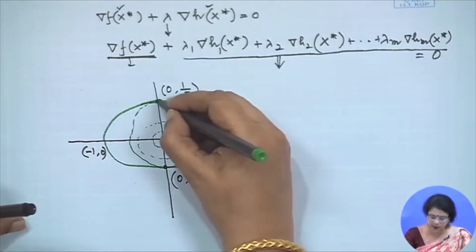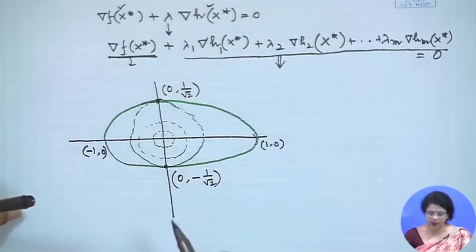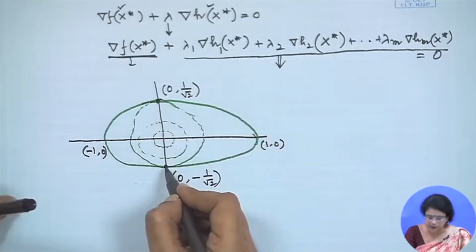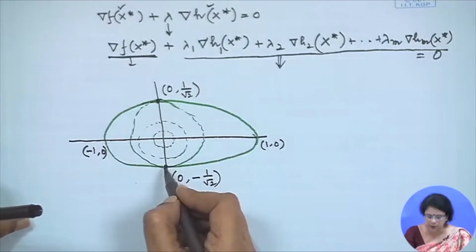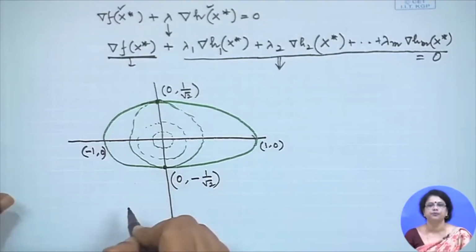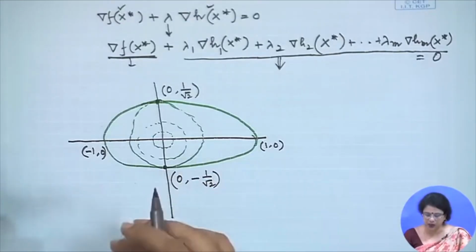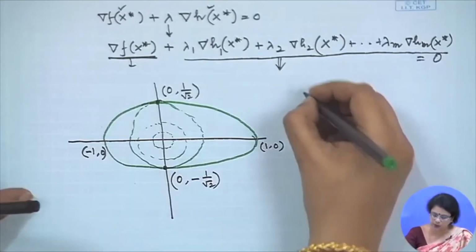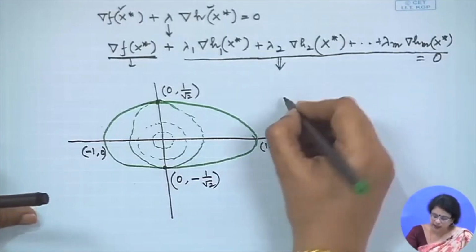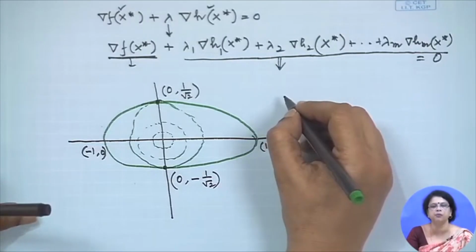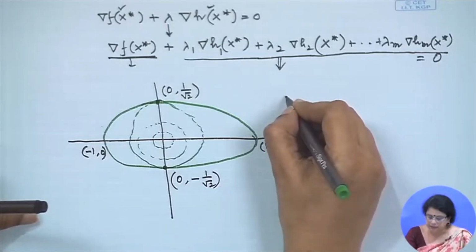Certainly, this is the point. That could be one optimal point and this could be another optimal point. We have to find these two points, the minimum points. That is why, in doing all the calculations, let us formulate. We want to get the maximum points and the minimum points together mathematically.